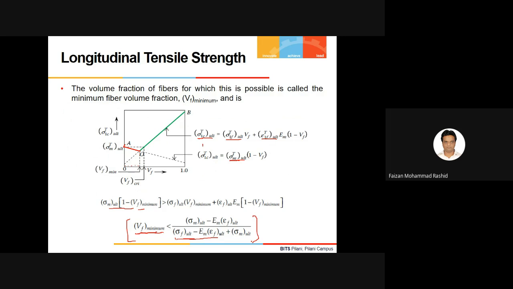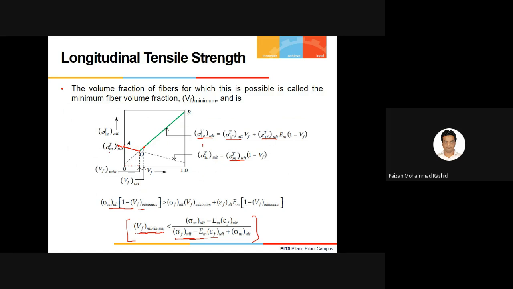Okay. Now another thing is there. If you see here, this point is also going to be important for us. What happens at this point? This point tells you the ultimate strength of my fiber composite material.